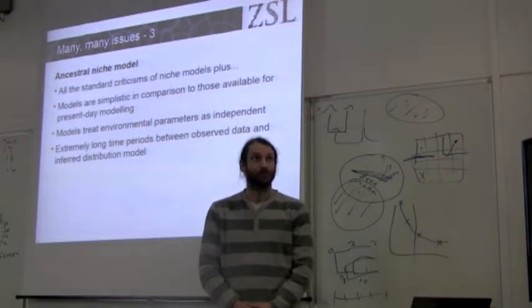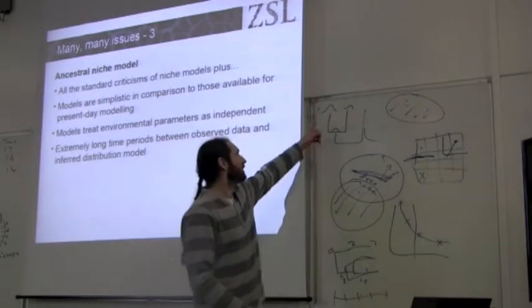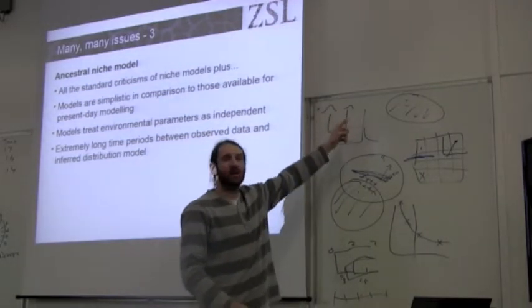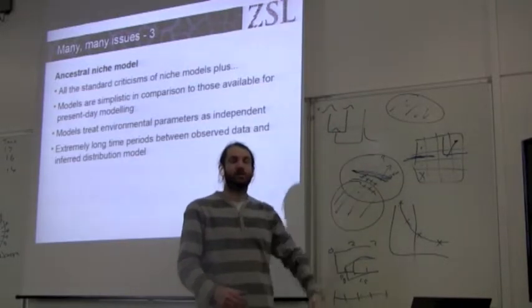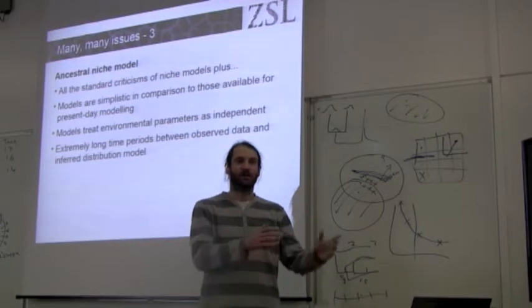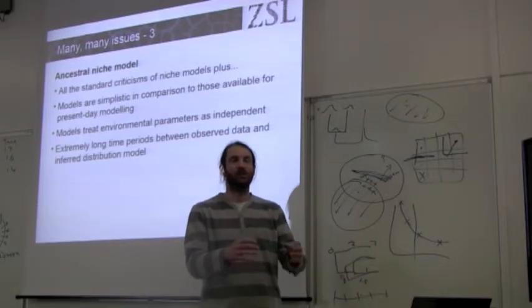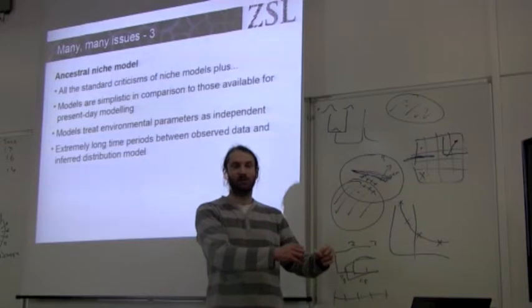Yeah. I don't know. I guess they could, but nobody's done it. Not even Smith and Donoghue. No. What they did is they reconstructed this profile, and then they used this profile and the next profile in a bioclim type way, so they didn't use that to feed into a new Maxent model.